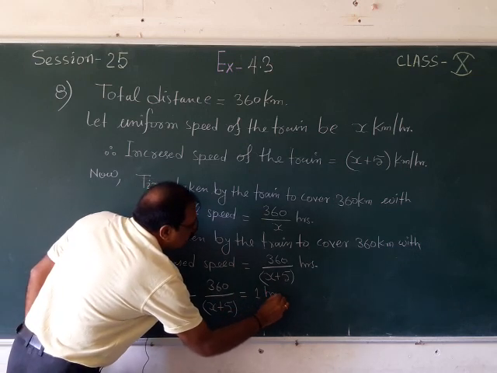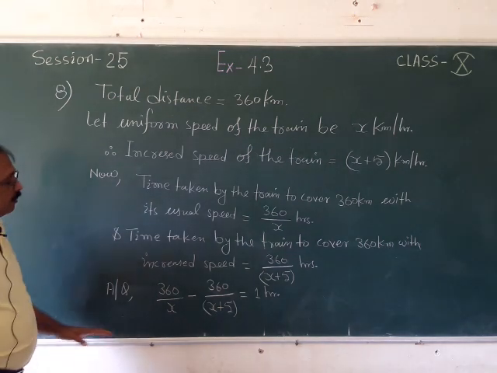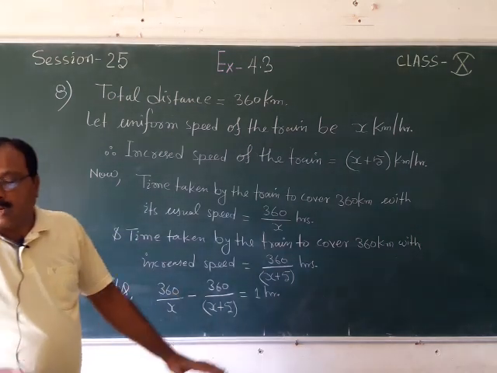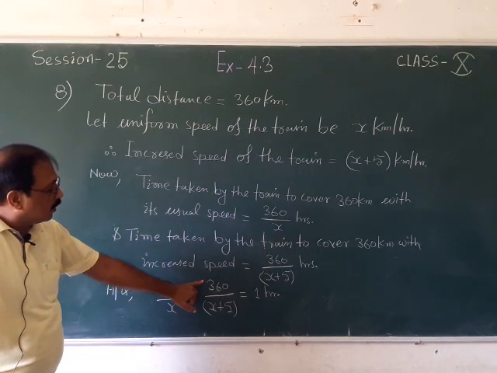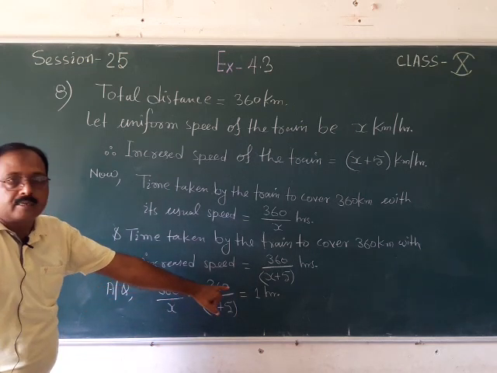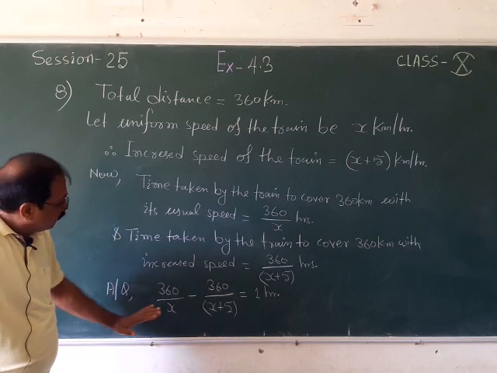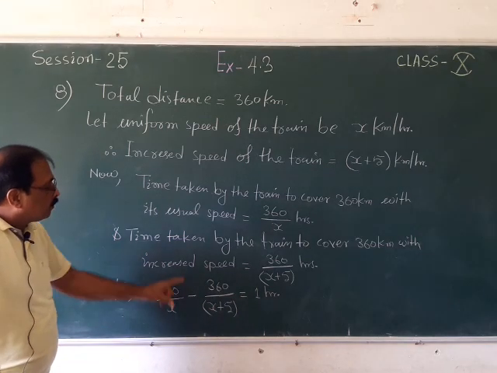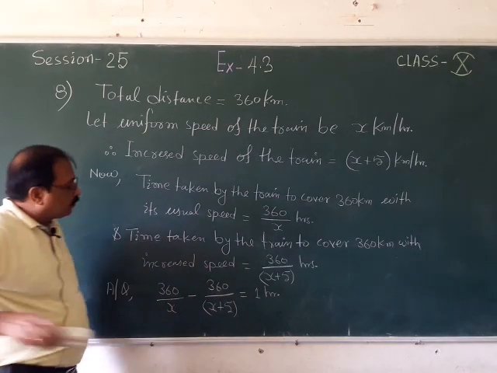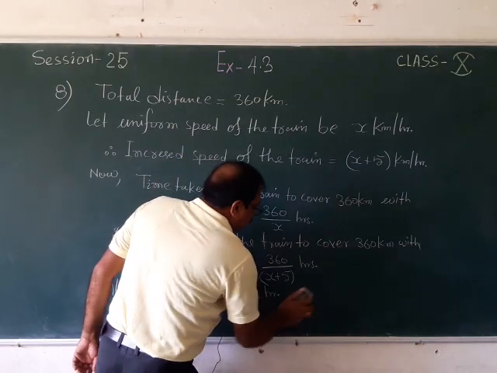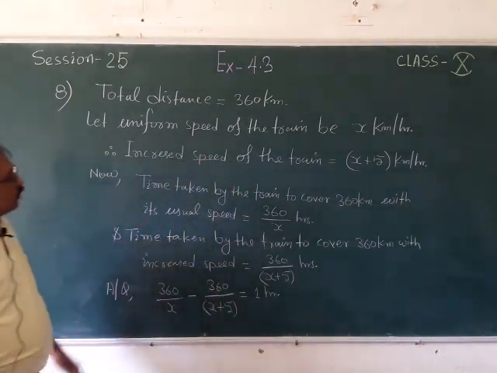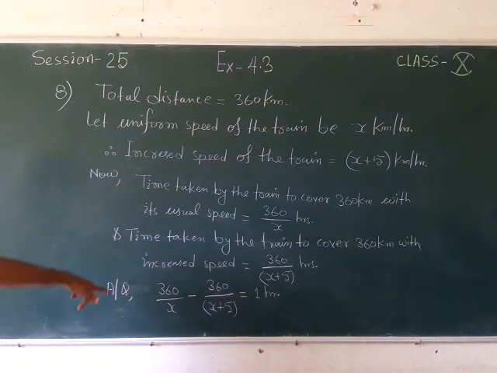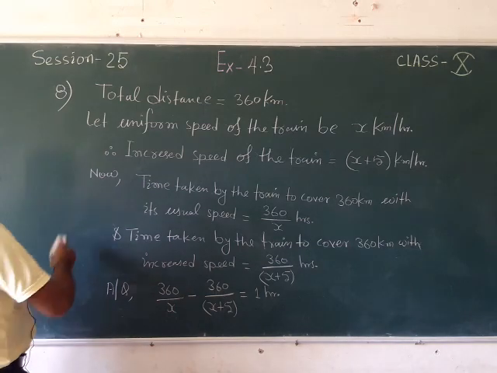The difference between the times is 1 hour. Now, after solving this equation, you can simplify it into a quadratic equation, then you can solve it. So just copy down till here, then I am showing the remaining part of this question.